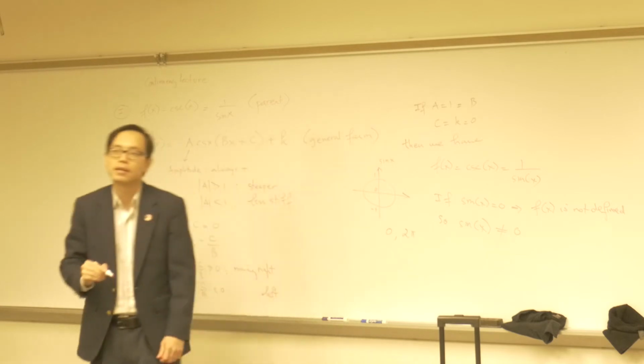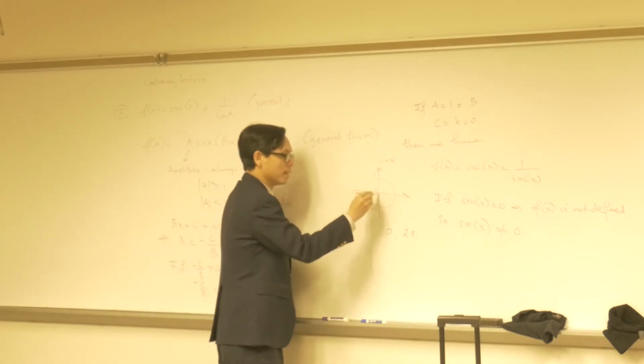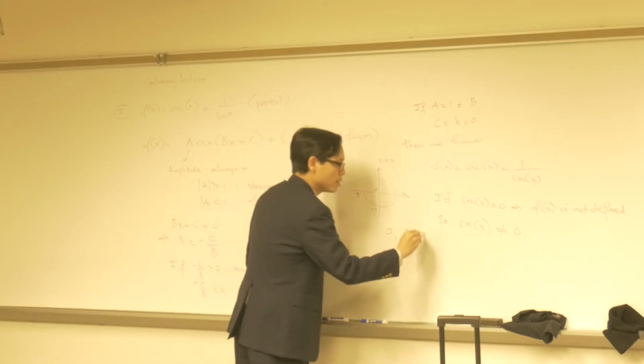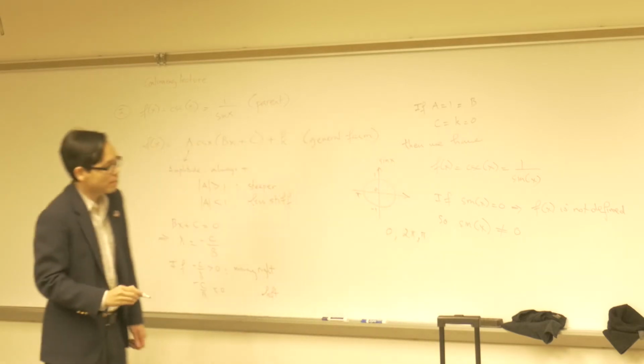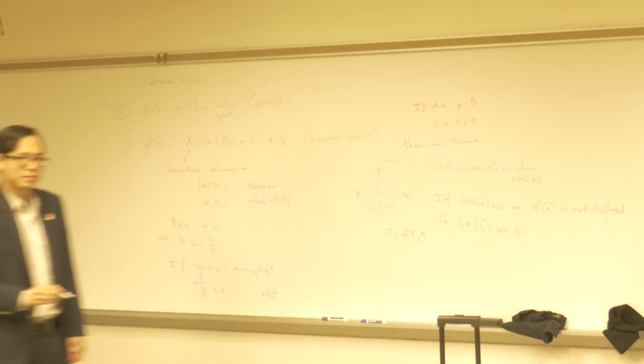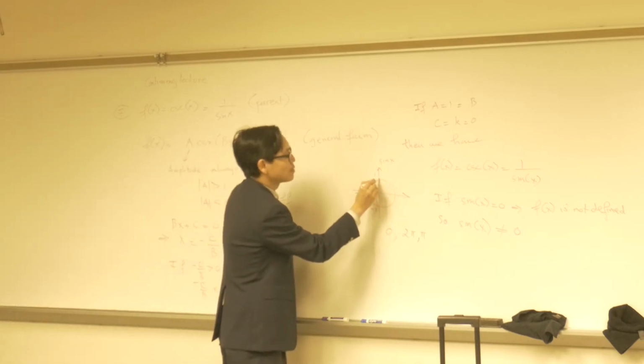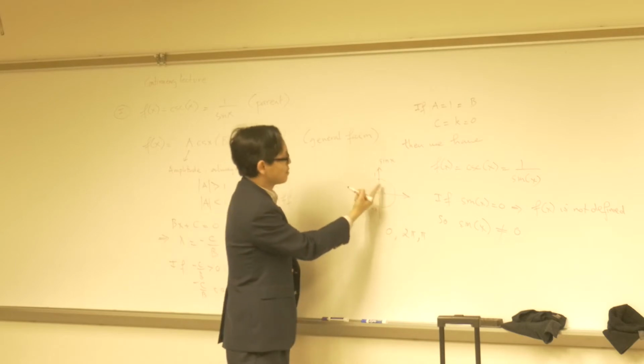Anything else? Pi works, yeah, because sine of pi turns out to be 0 also. If it's pi over 2, it turns out to be 1, because pi over 2 is 90 degrees.